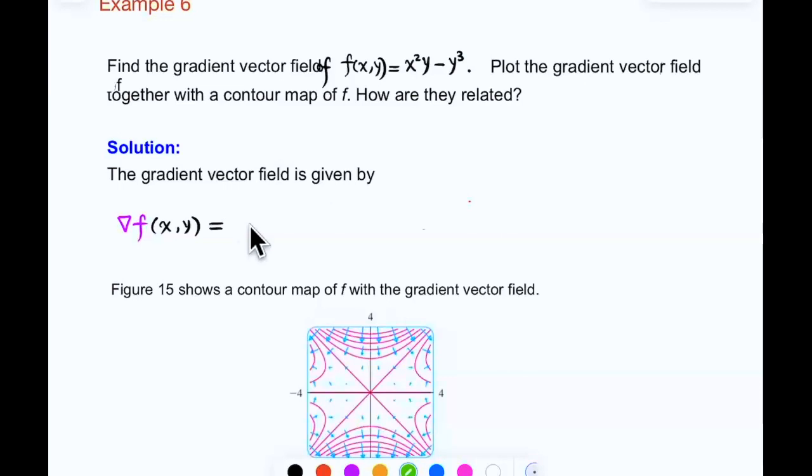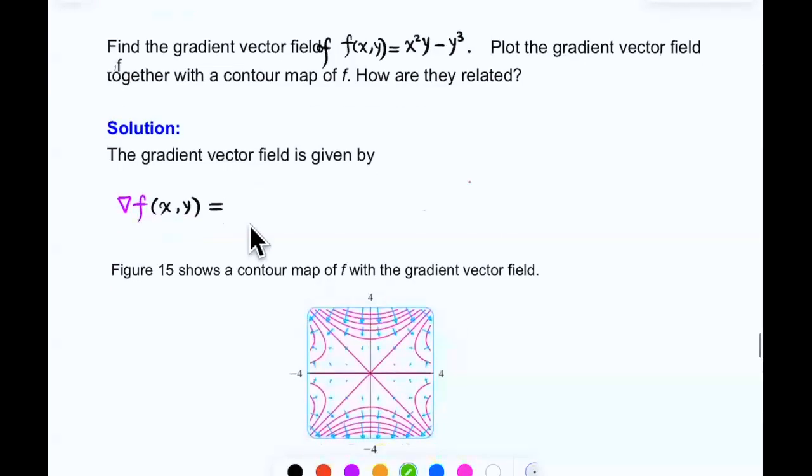So how do you get the gradient vector field? You take the partial derivative of that scalar function. Let's take the partial derivative of this scalar function first with respect to x, and that will give you the i component. Then you take the partial derivative with respect to y, and that will give you the j component.